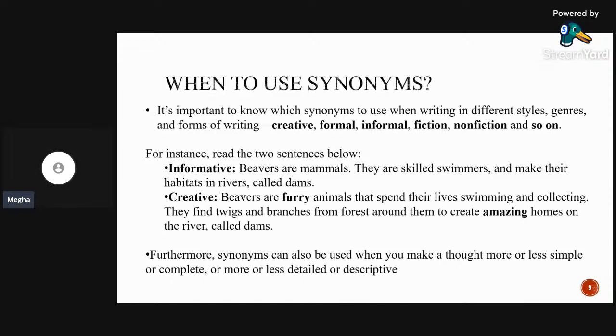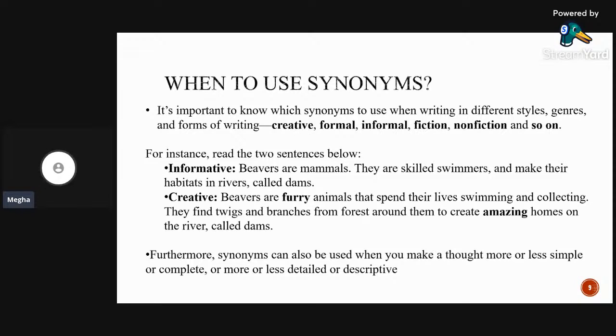Correct. So when you are informative to others, when you are giving out knowledge, or sharing your knowledge with others, that is informative. See the statement: beavers are mammals. They are skilled swimmers and make their habitats in rivers called dams. See the creative statement: beavers are furry animals that spend their lives swimming and collecting. They find twigs and branches from the forest around them to create amazing homes on the river called dams.